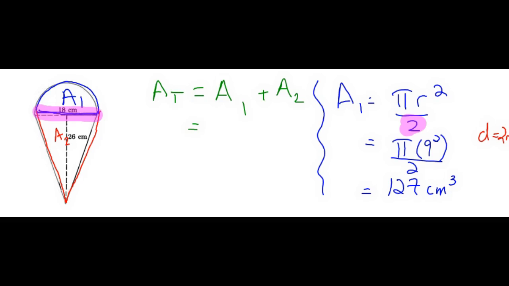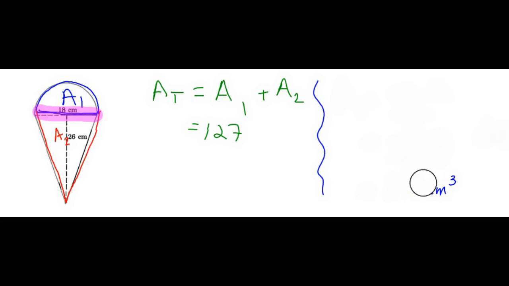Okay, moving on to area 2. So area 2 is that triangle. So let me go ahead first and make sure that I include what area 1's dimension was. It was 127 centimeters squared. Now I'm going to get rid of this other portion of my calculation and work through the second half.